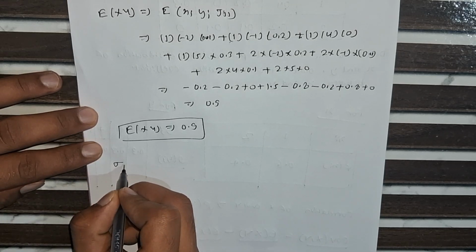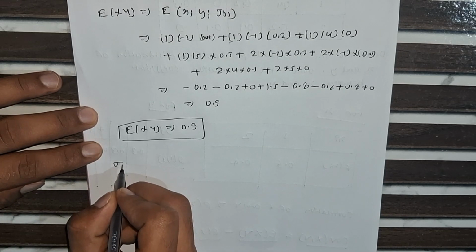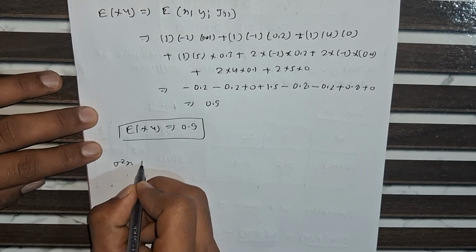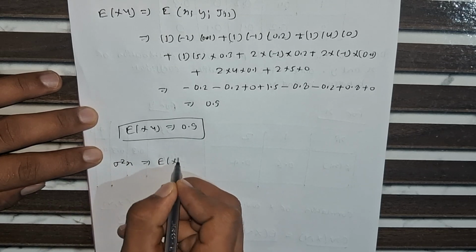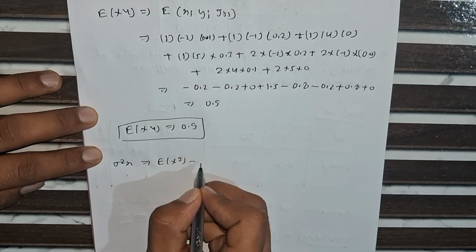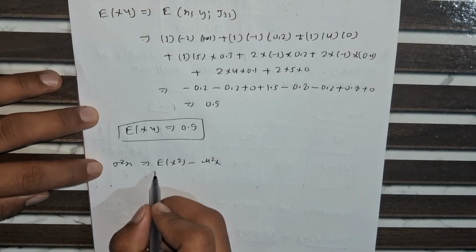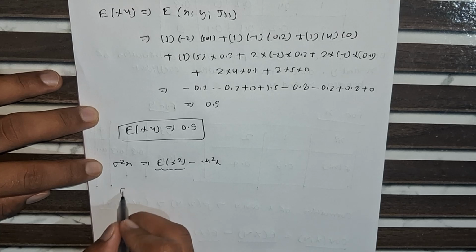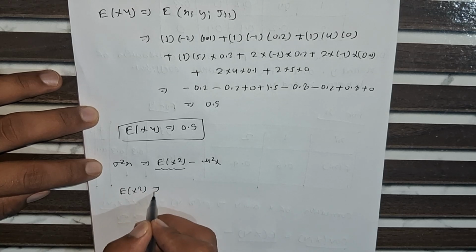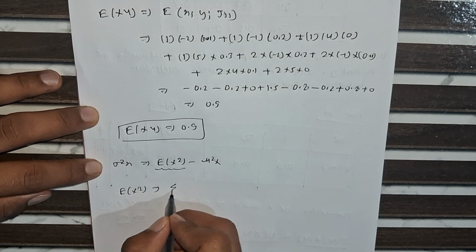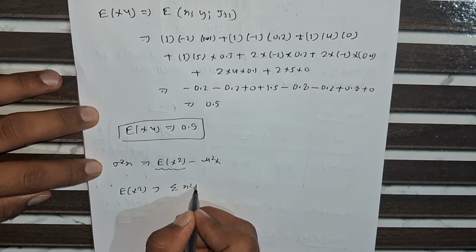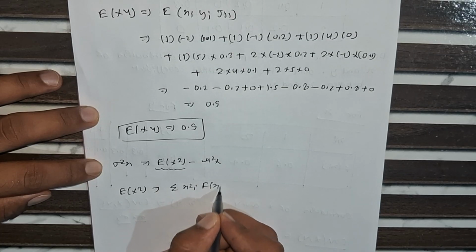So sigma square of x we have to find, which is equal to expectation of x square minus mu square x. So here, how do we find expectation of x square? Expectation of x square is nothing but summation of x square i into f of xi.